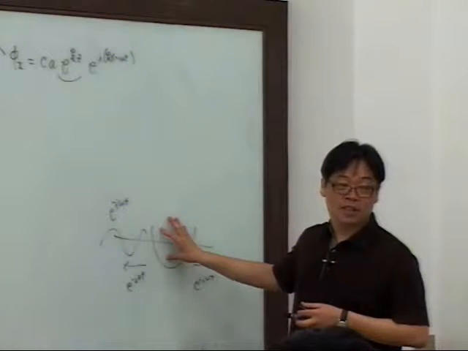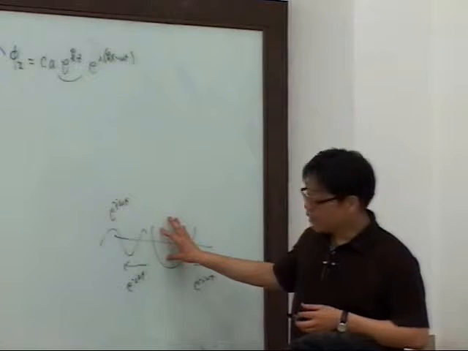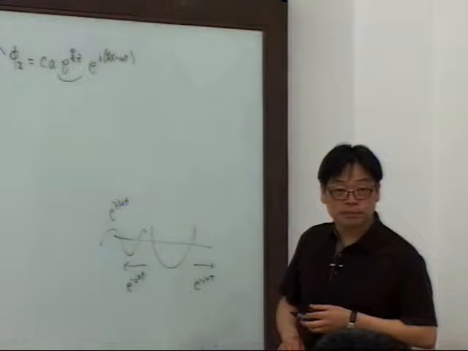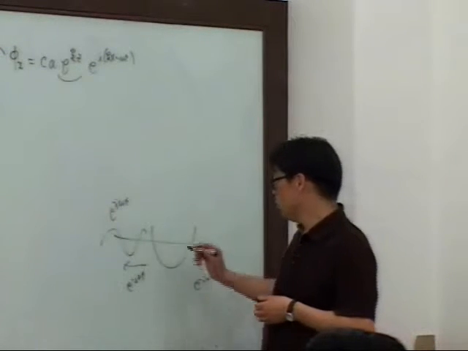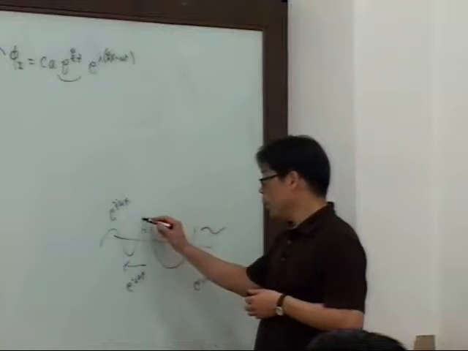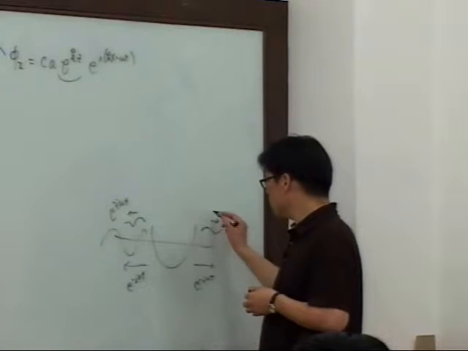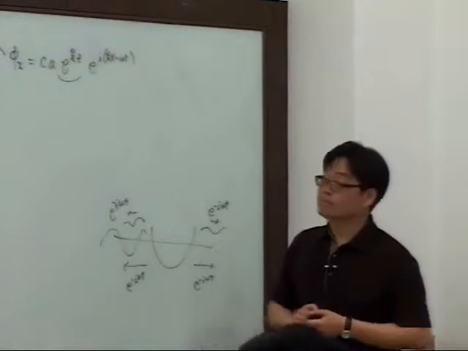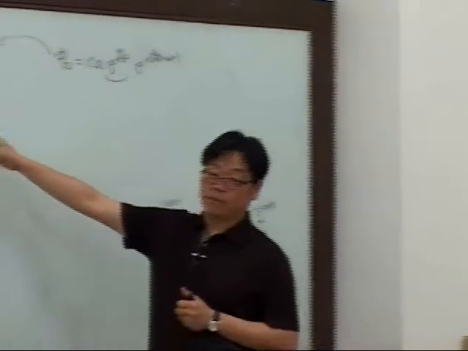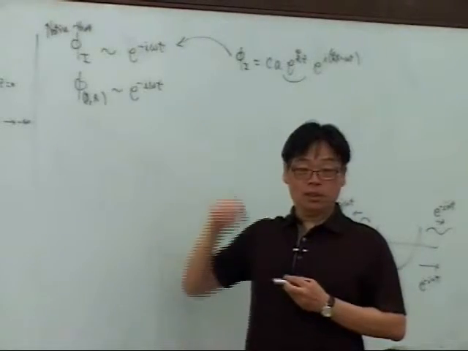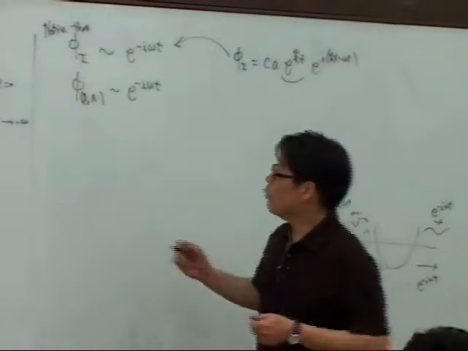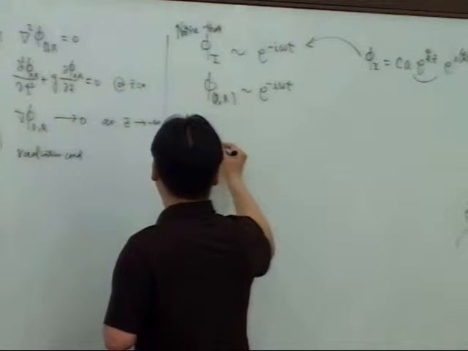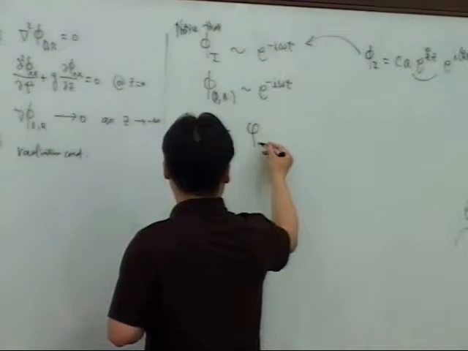But if it is linear, then the body is moving with that frequency. So because of that, radiated waves will also be proportional to e to the minus i omega t. So it is very natural to think this way, and therefore we write phi d and phi r in the following way.